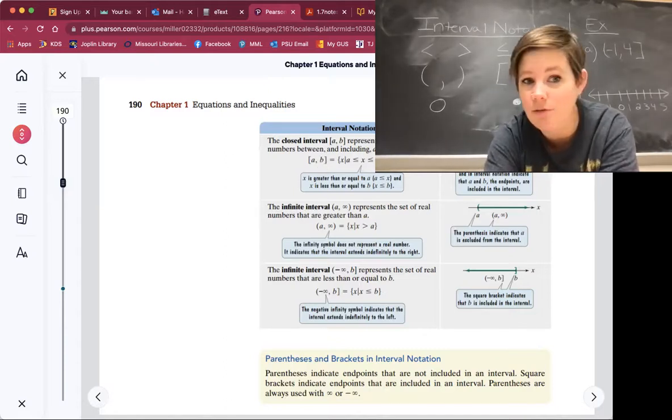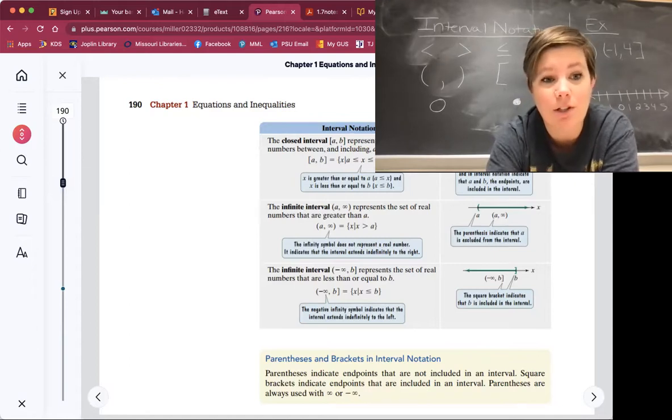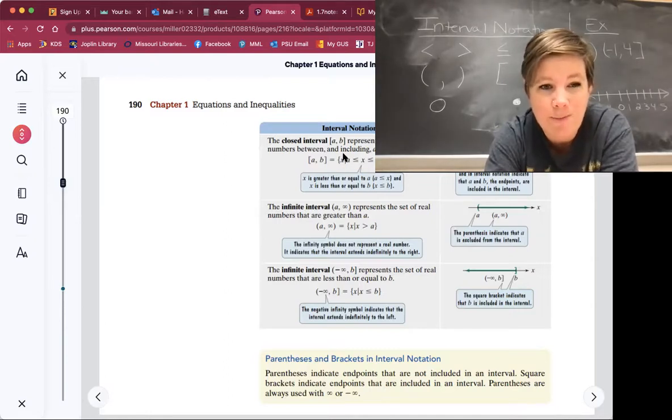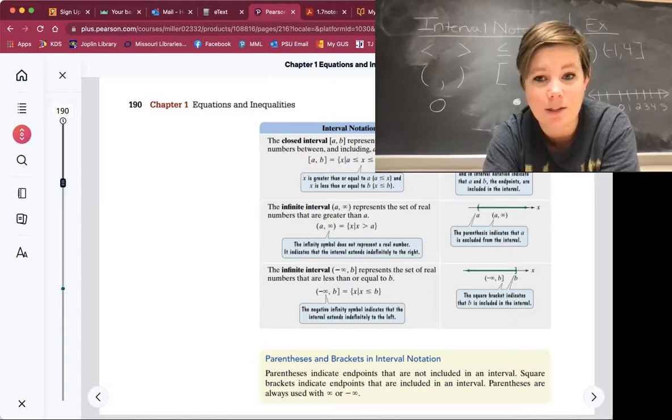It includes every value between A and B, including A and B. So what that tells us is that we have X such that, the vertical bar meaning such that, A is less than or equal to X, which is less than or equal to B. And that's exactly what this says. A is less than or equal to X because X lies somewhere in there or is equal to A. And then X is also less than or equal to B.